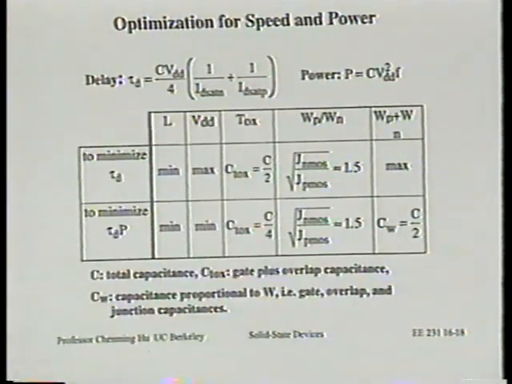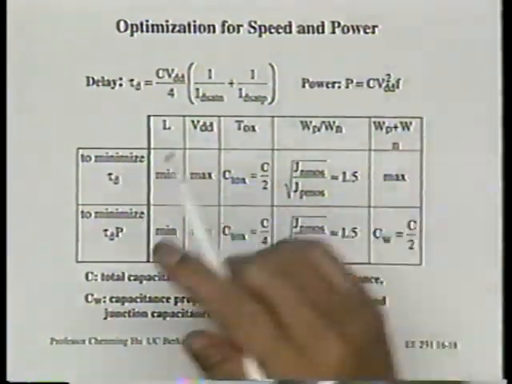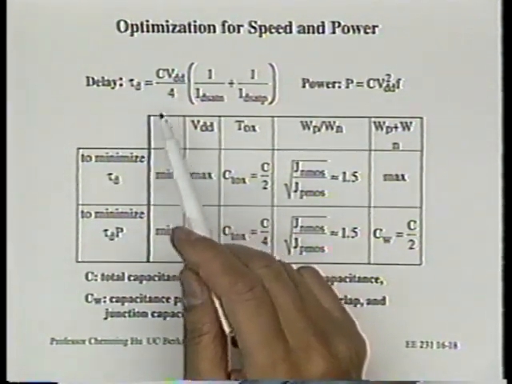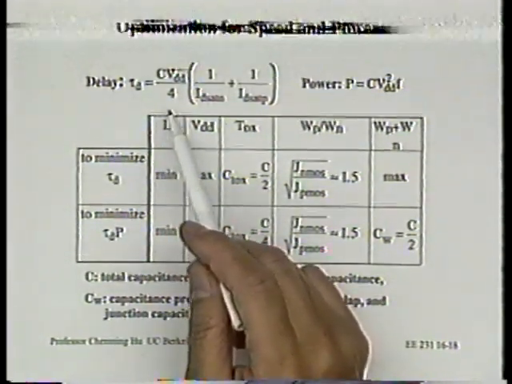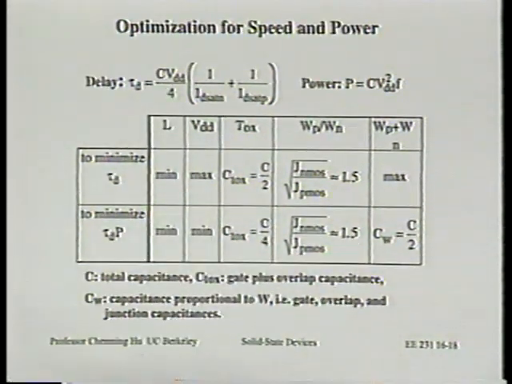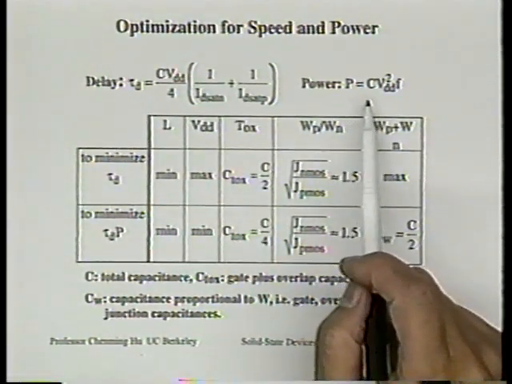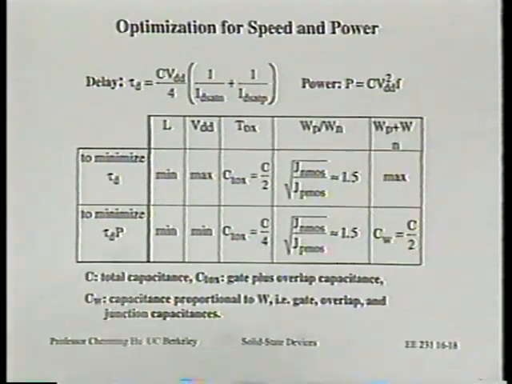The average of the fall time and rise time gives us the delay. All right? And the other factor of 2 could be interpreted as saying that only half of the VDD swing is needed. And the power of CMOS basically is C times VDD squared times the frequency of the switching.